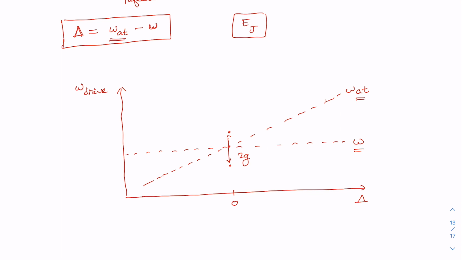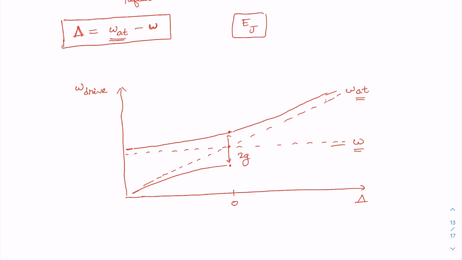Now when the coupling is there, when z is not equal to 0, these energy levels no longer cross, and we have these bare energies here, and also these bare energy levels, and we encounter what is called avoided crossing.